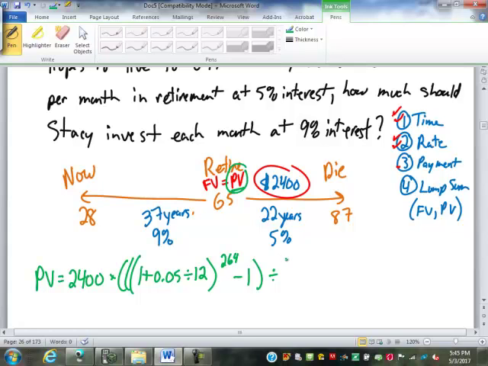Open parentheses, 0.05 divided by 12. Careful, close parentheses. That would be if we were paying in. Remember, this is drawing out. There's that extra term here, because on this side, remember, this is the liquidation phase over here.